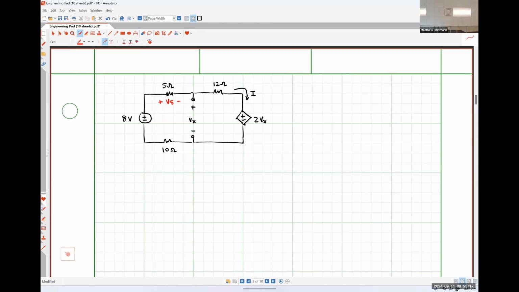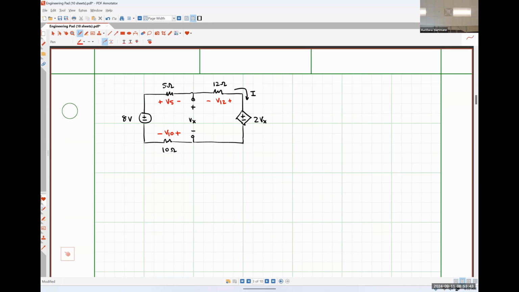The positive polarity is on the left, and then just to be a weirdo, I'll put the negative polarity on the left for my 12-ohm resistor. And I'll let you guys choose what the polarity for my 10-ohm resistor should be. Positive on the left or positive on the right. Doesn't matter. Okay. Positive on the right. Okay. So this is our circuit.